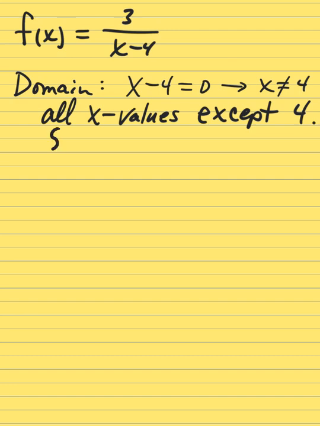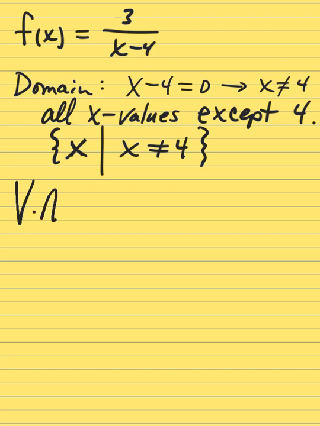If you're ever asked to write set notation, all values of x such that x isn't 4. These are all different ways to write the same thing. The vertical asymptote, since x minus 4 doesn't have anything in the numerator to cancel, x equals 4 is your vertical asymptote. It's actually the value that you throw out of the domain.